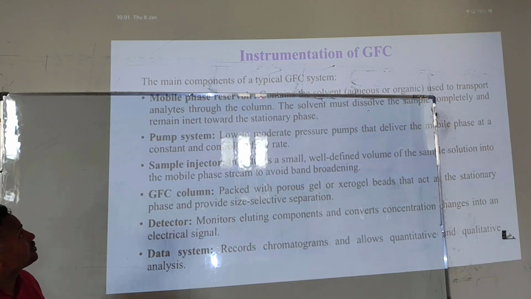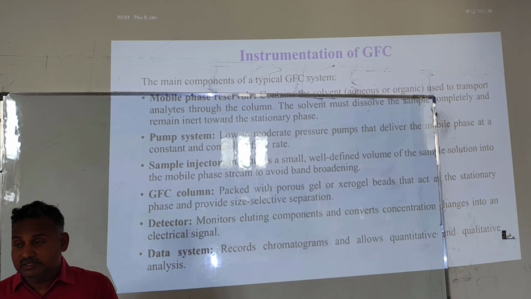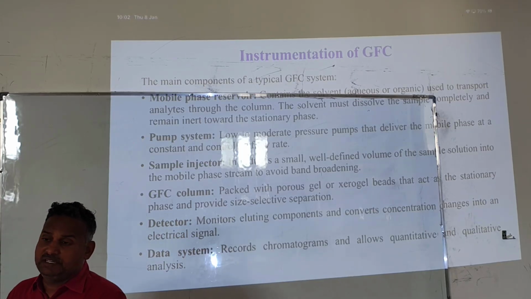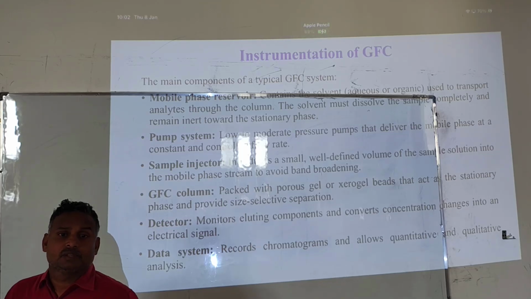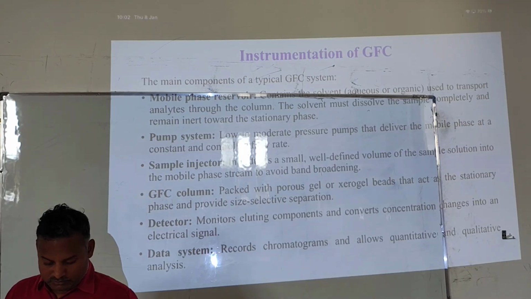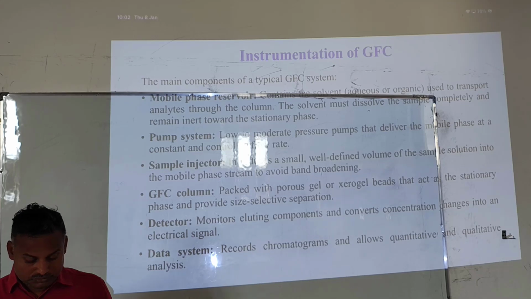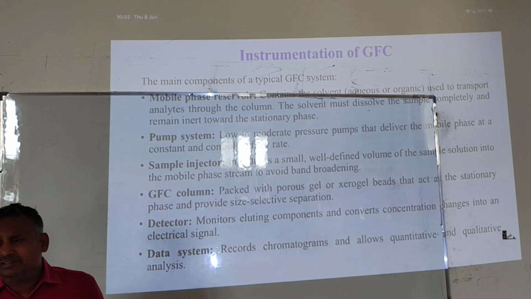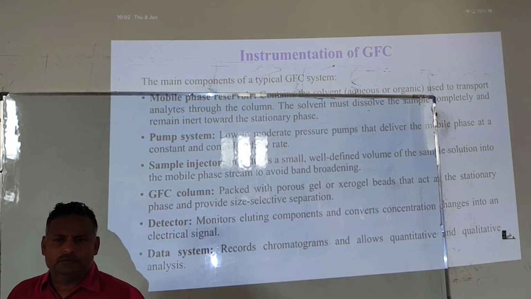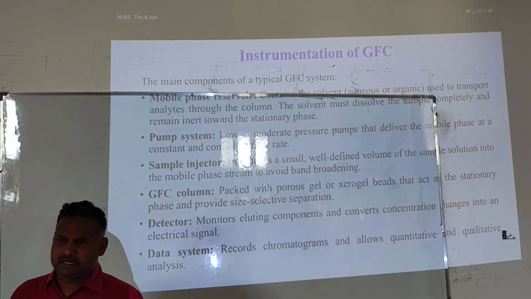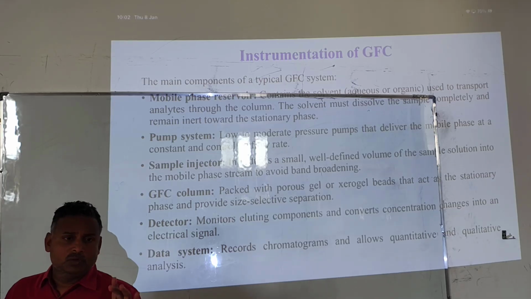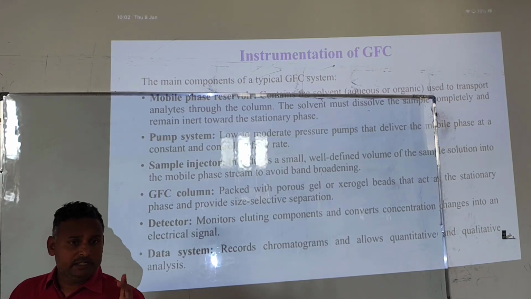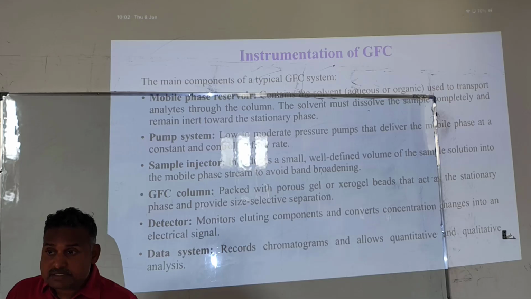Now we are coming to instrumentation. Instrumentation of gel filtration chromatography, gel permeation chromatography, or size exclusion chromatography. Of course, similar to all other chromatographies, the parts are the same, because we need solvent as a mobile phase.